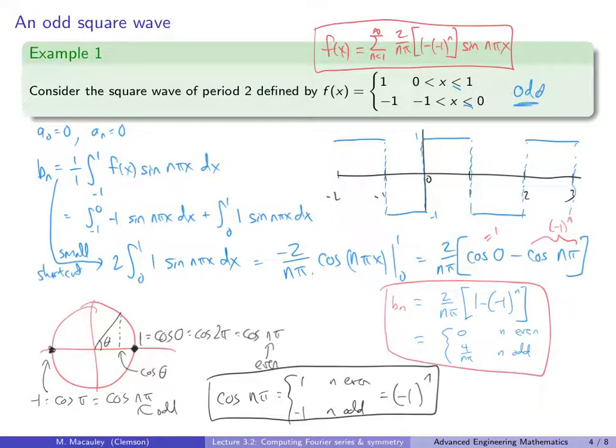Now let me write it one more way. So f of x, I'm going to just plug in the first 7 terms. Sometimes this compact notation is nice, but it's not as apparent as if I write it out as a long infinite sum. So let's do that. I'm going to write out n equals 1, 2, 3, etc. Remember, all of the even terms are going to be 0, so I'm only going to write down the odd terms. So f of x for each odd term is 4 over n pi.